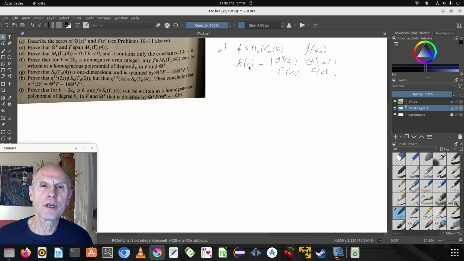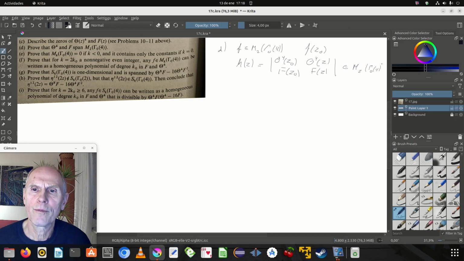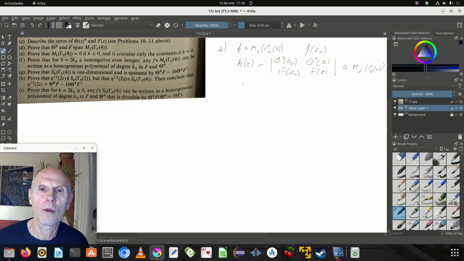And it's obviously a modular form of gamma naught of 4, as it's a linear space over C. And it's the only zero it has.